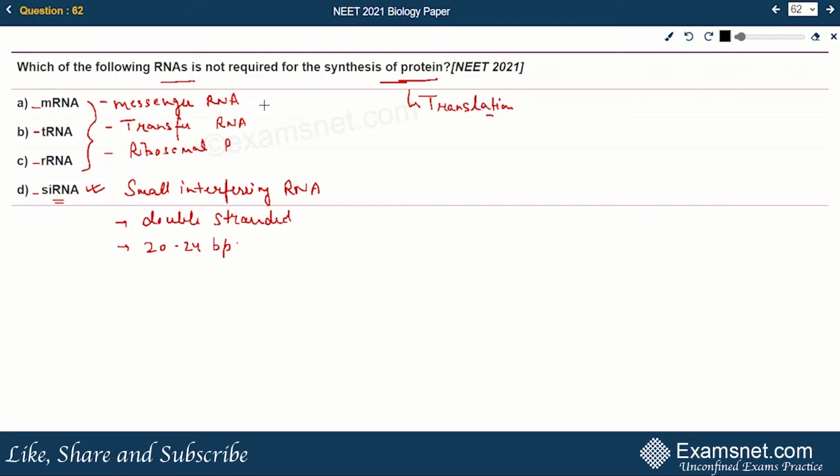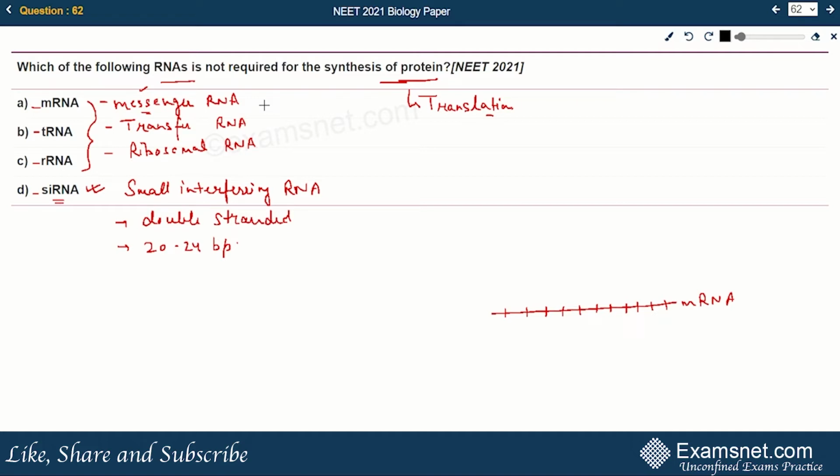And their roles are also related to their names. What does messenger do? Messenger carries information, isn't it? Therefore here the mRNA is the RNA that carries the genetic information that is provided by the DNA. So suppose this is the mRNA and there is all the information, that means the bases, nucleotides.